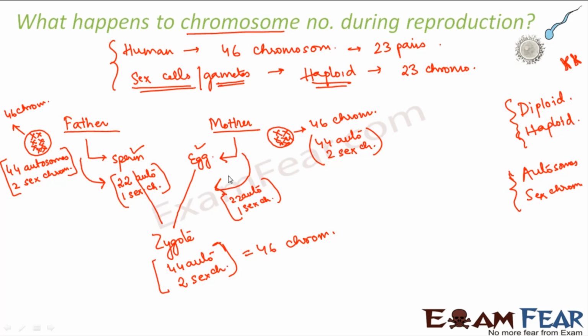Similarly, the mother contributes a blue eye color. So these two chromosomes will pair up again. So the brown eye color chromosome will pair up with the blue eye color chromosome. For example, if this is the father, this is the mother. Let us suppose father contributes a brown eye color chromosome. The mother contributed a blue eye color chromosome.